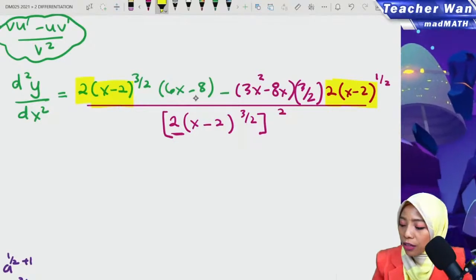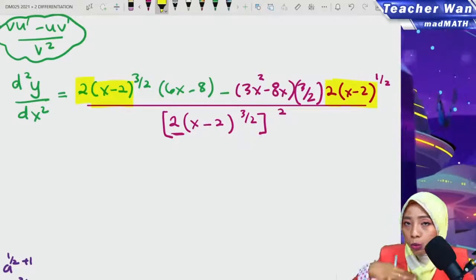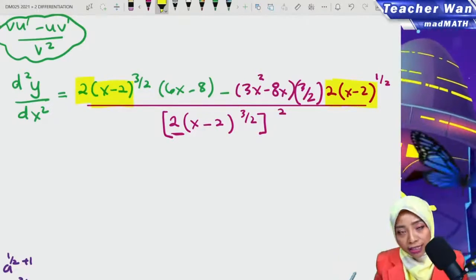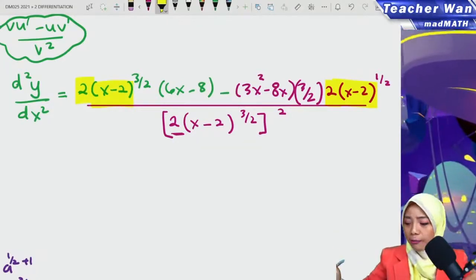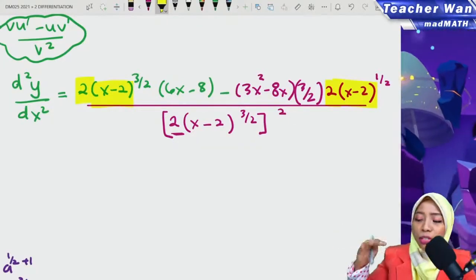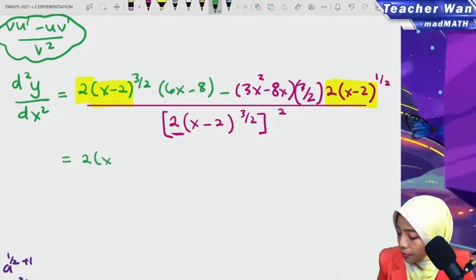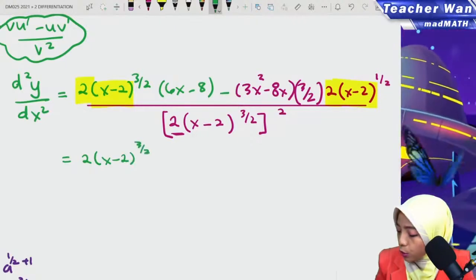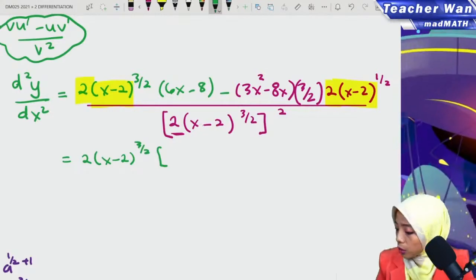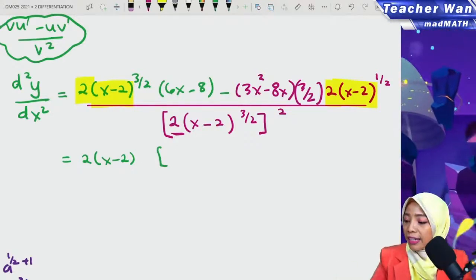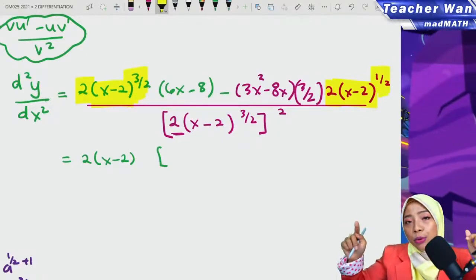Did we have 6x minus 8 in the second term? No, so we leave it like that. When you factor, it doesn't have to be both functions that you factor, maybe only one of them. In this case, only x minus 2 to the power of 3 over 2 can be factored out. Again, this is 3 over 2, this is 1 over 2, so the smallest power is 1 over 2.